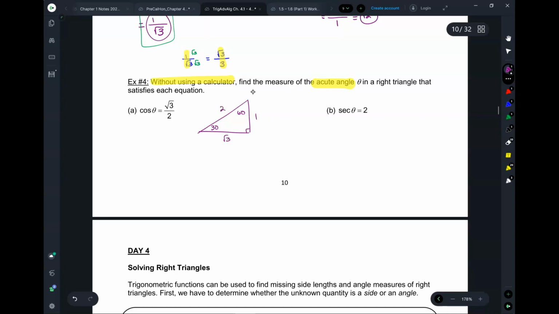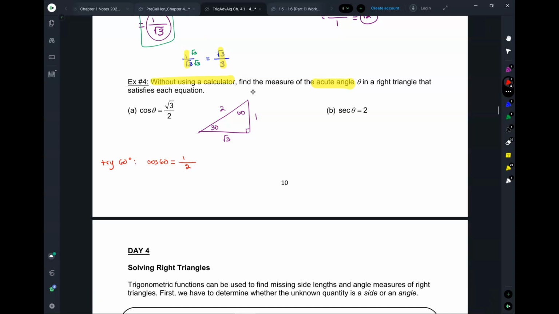As a side note, you don't have to draw these triangles over and over. If you just draw one of each in the margins of your page, you can always refer to it. That's totally fine. So let's try this. We're going to do trial and error. Let's try 60 degrees. What is the cosine of 60? Well, it's adjacent 1 over hypotenuse 2.